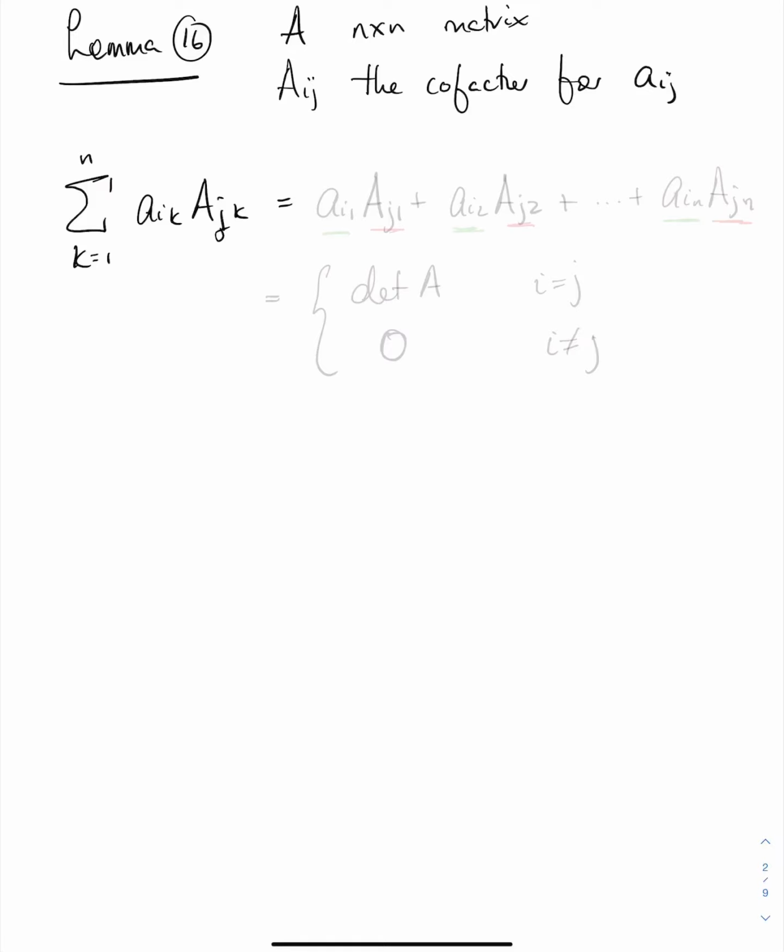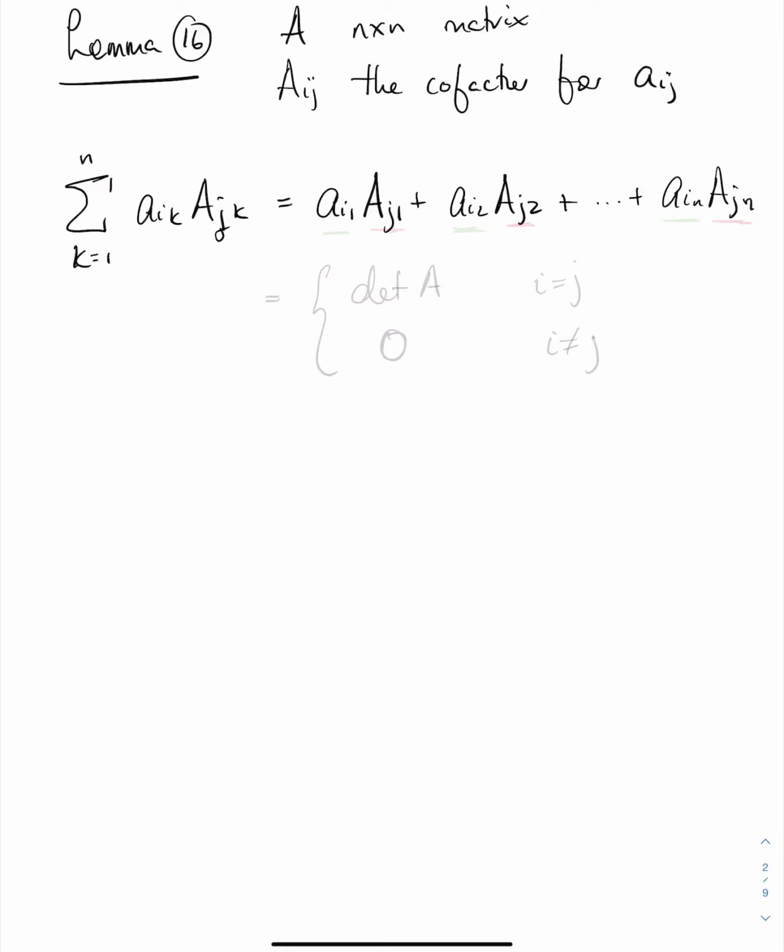Let's expand this so that we can discuss what's going on. This would be little a_i1 times cofactor A_j1, plus little a_i2 times cofactor A_j2, plus dot dot dot, plus a_in times A_jn.